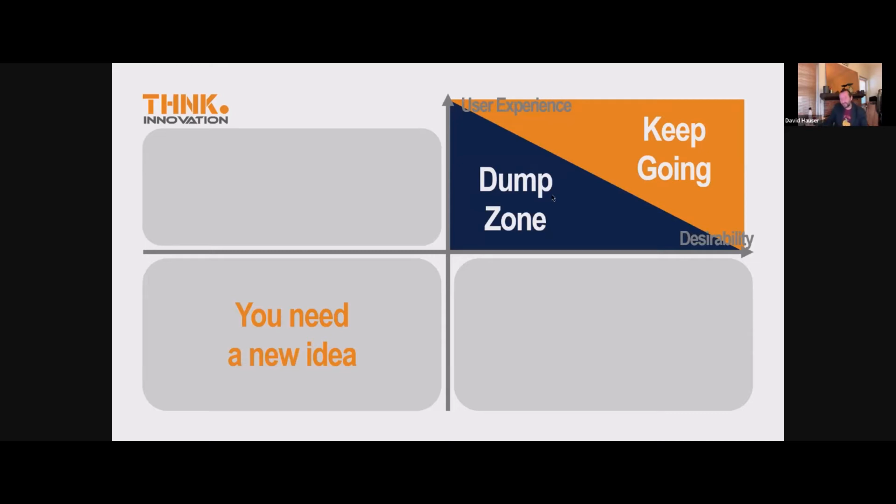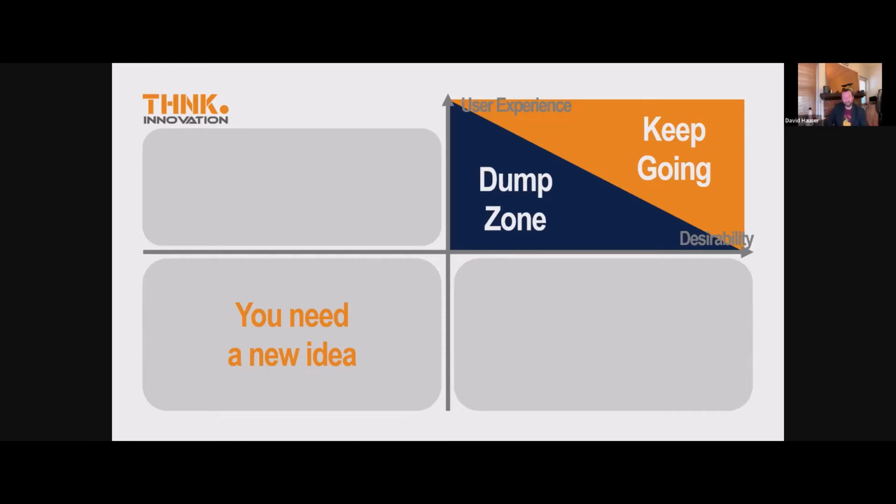If you have multiple ideas and you do not have a clear choice, let's say you have 3 ideas, 2 ideas are in the you need a new idea section in one of those 3 quadrants, and 1 is in the dump zone, I would put a little bit more effort into the idea in the dump zone and see if I can move it over that line to improve, either by improving desirability, by adding features or adjusting features, or by improving the user experience by making features easier accessible.